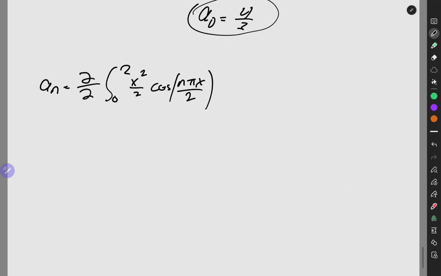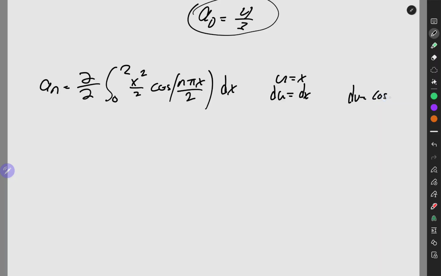I see 2 integrations by parts in our future. I thought this was going to be easy. I mean, it still isn't too bad. And of course, it's cosine. If this was b sub n, it would be easier than a sub n.